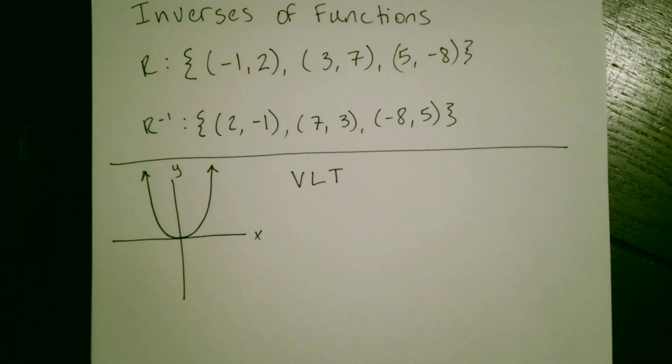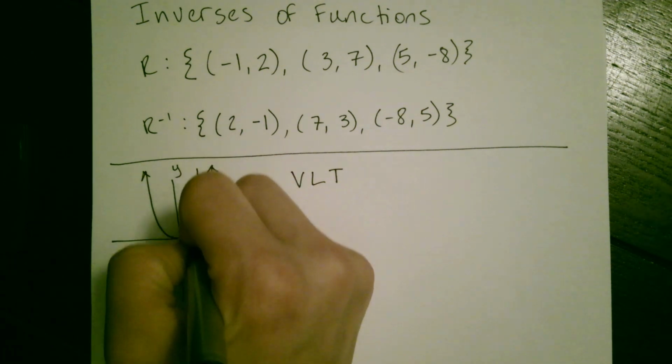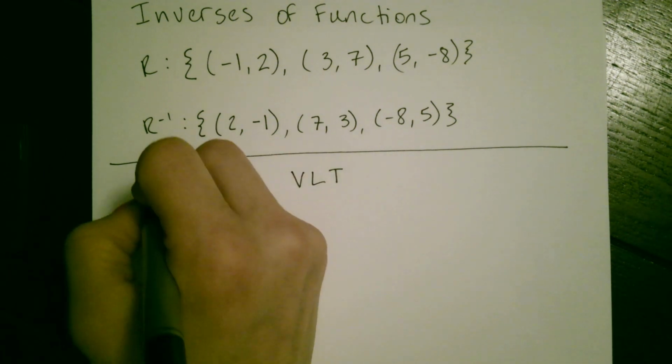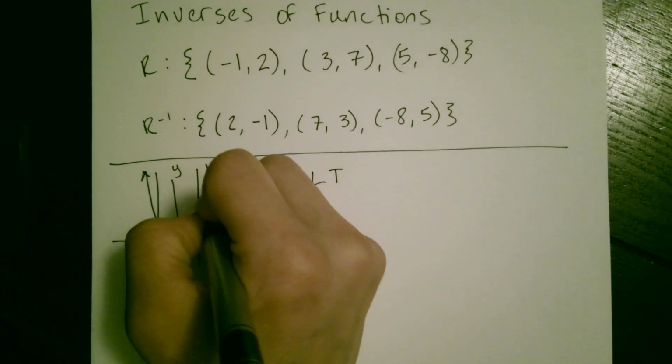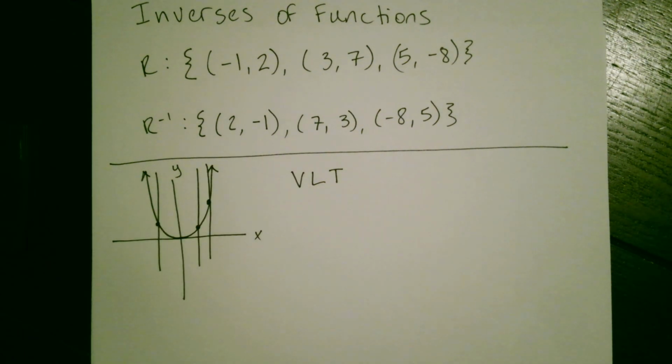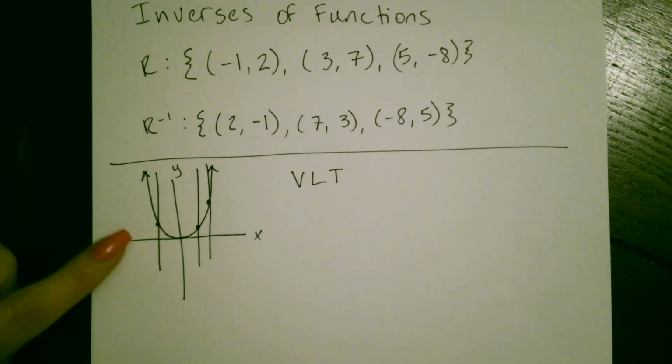Reminder of how the vertical line test works: it says that if I can draw a vertical line at any place on the graph and it only crosses one point, then we know that the relation is a function. So I could draw a line here, here, here. Everywhere that I draw a vertical line, it's only crossing at one point, so I know that this is a function.